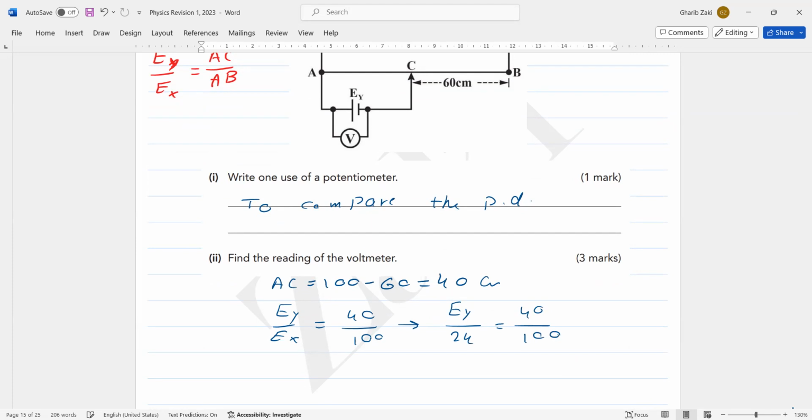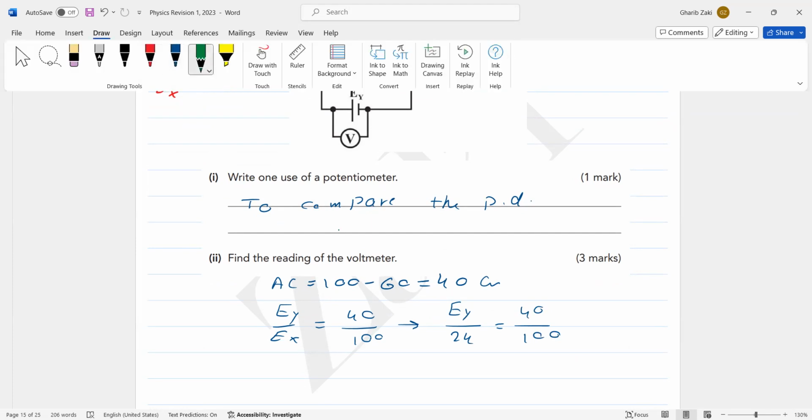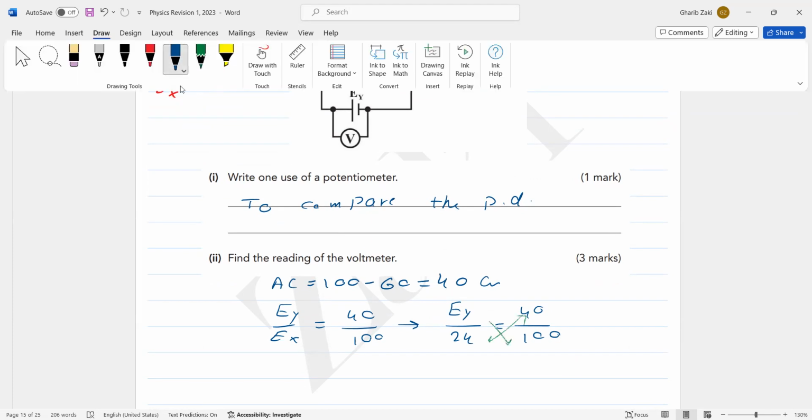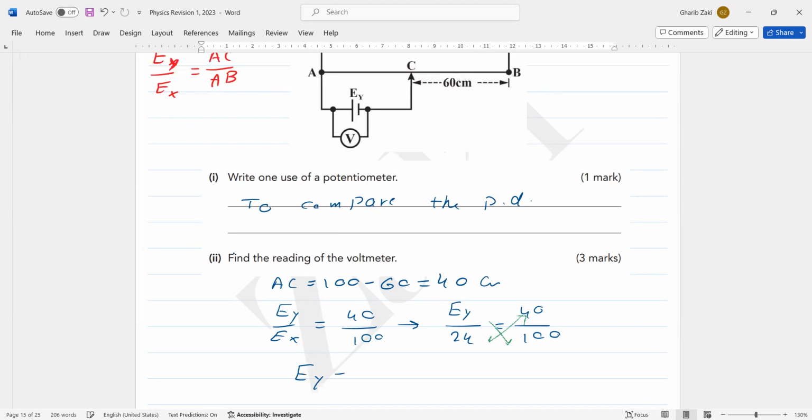We do cross multiplication. So to get this EY, we do scissors cross multiplication. Then EY equals 40 multiplied by 24 over 100. The answer becomes 9.6 volt. Yes, question?